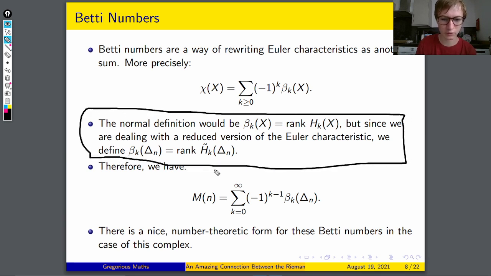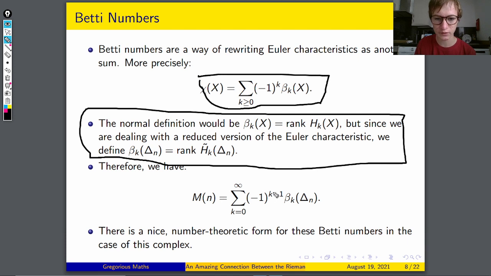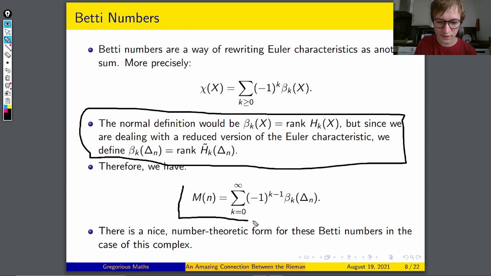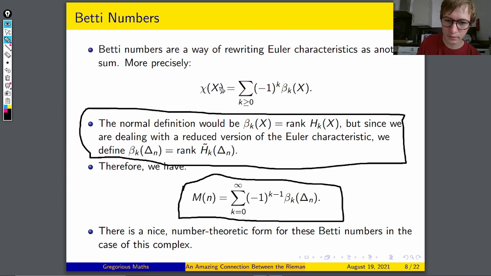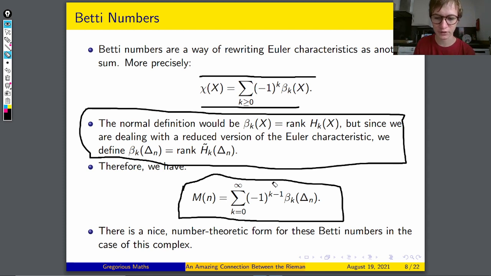Anyway, that's just a bit of technical jargon about what precisely it means, but the importance of the Betti numbers, at least for us, is this fact here. Actually, scratch that. The importance for us lies in this fact here, and it's literally because of this formula here, and of course because the Mertens function is that Euler characteristic.